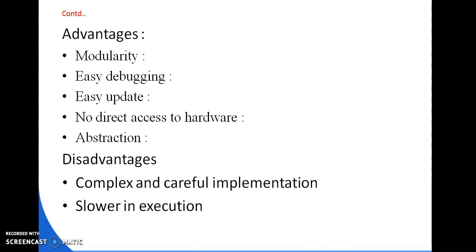So the operating system acts as the interface between the user and the hardware part, or the kernel part. The kernel is the point from which the operating system generally boots.